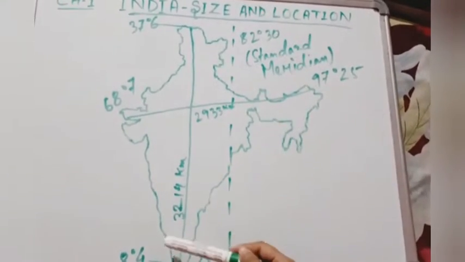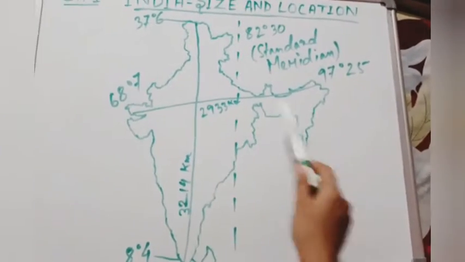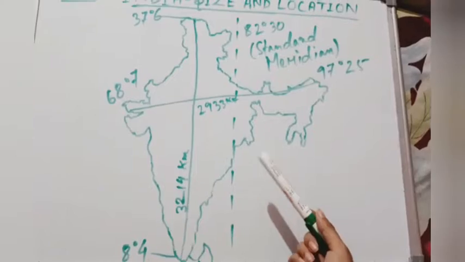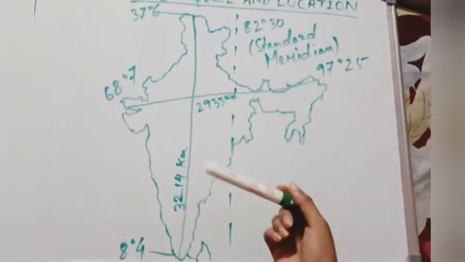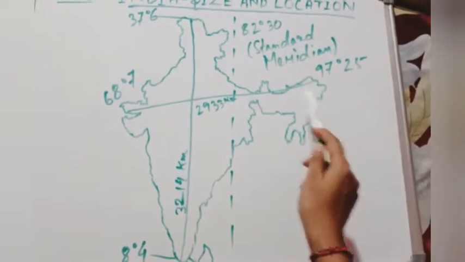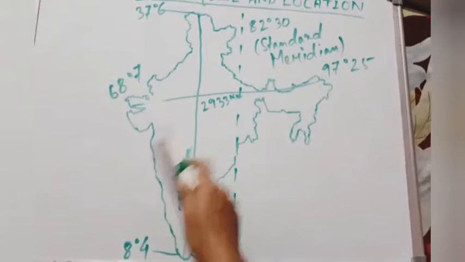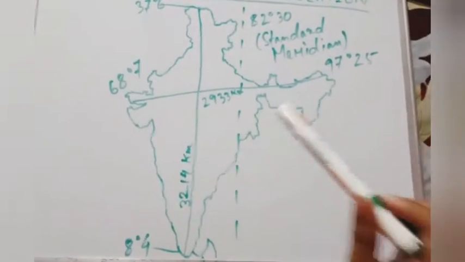Now this extension looks like this is longer than this, but when we compare, the difference is almost the same. It is almost 30 degree, the extension from north to south and from east to west.